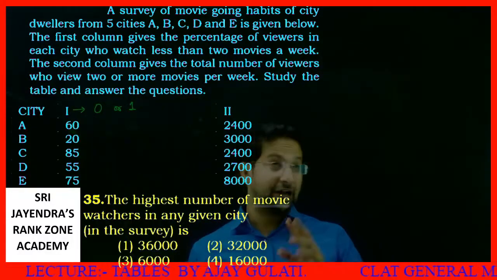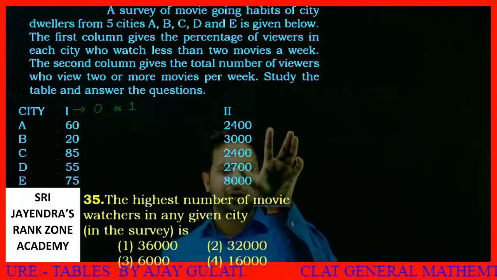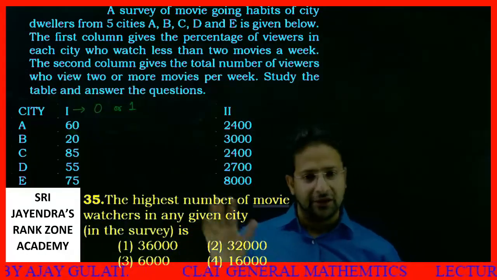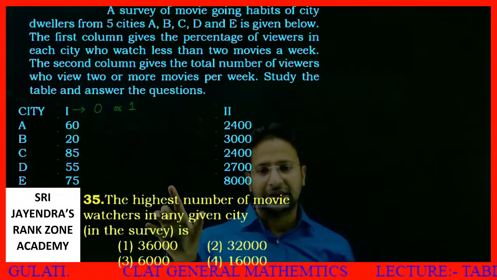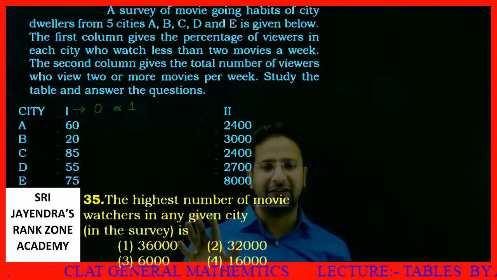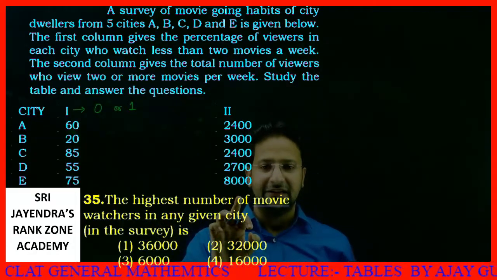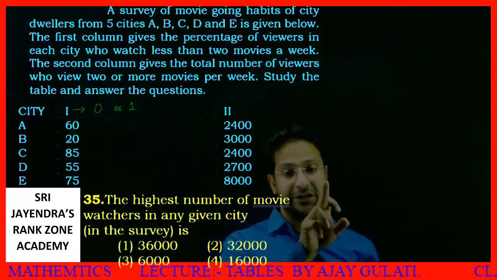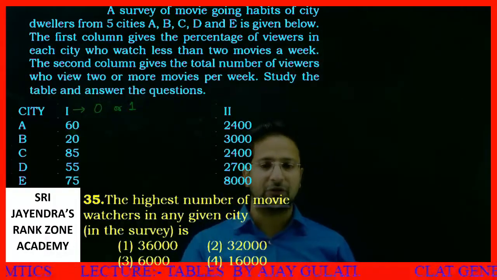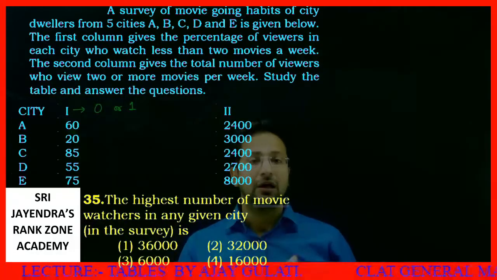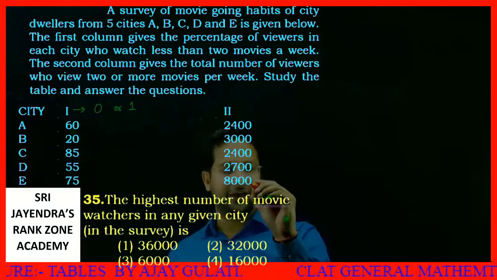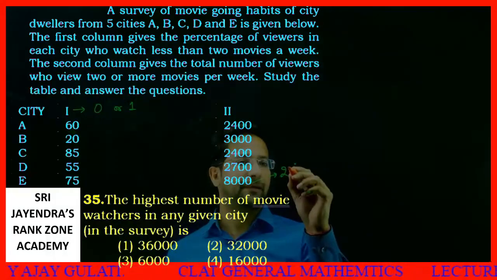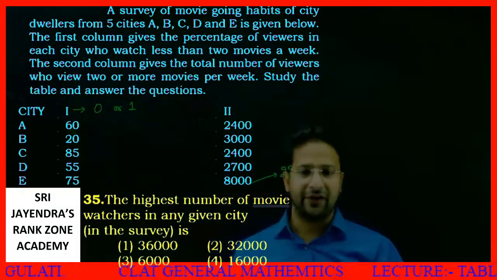Next question. I shouldn't have rubbed this part because you could easily analyze. But if you rewind the video by 5-10 seconds, you will easily get the answer to this question. The highest number of movie watchers in any given city is, we just analyzed. See, 25% is 8000.